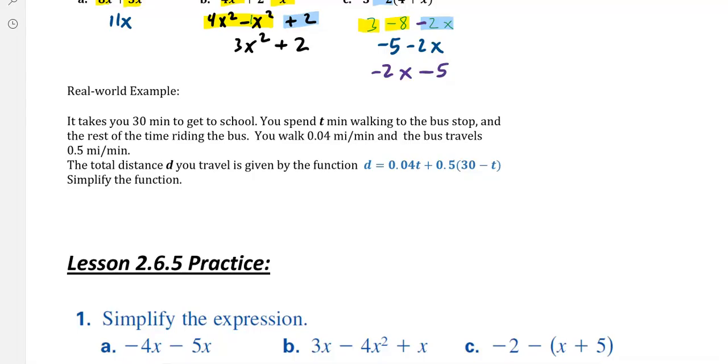Okay? Great. Now, first things first, I see that we're going to have to distribute 0.5 times the quantity 30 minus t. So, first, we're going to distribute 0.5 times 30, and then we're going to subtract 0.5 times t.